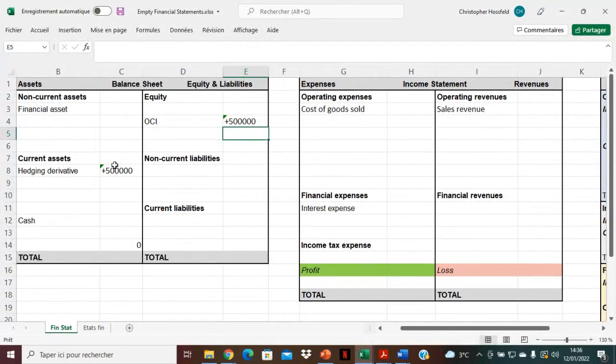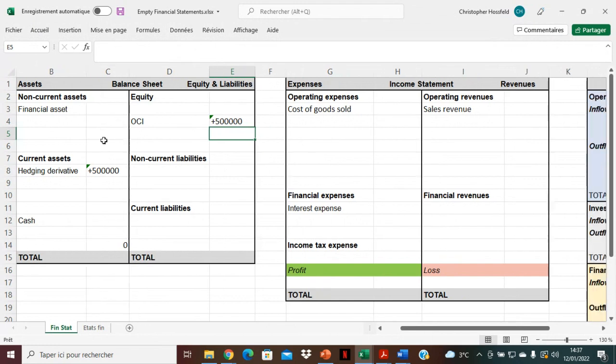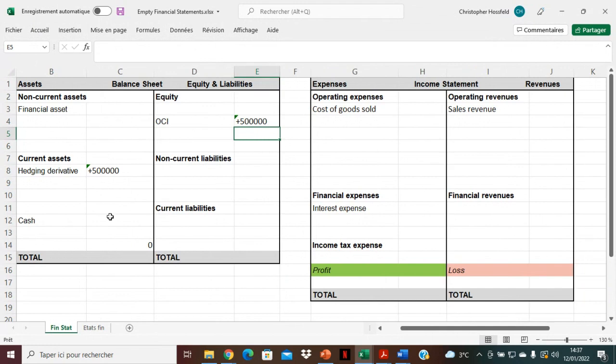So what will happen in the following year? First of all, I will buy my aircraft. I will have a cash outflow of how much?